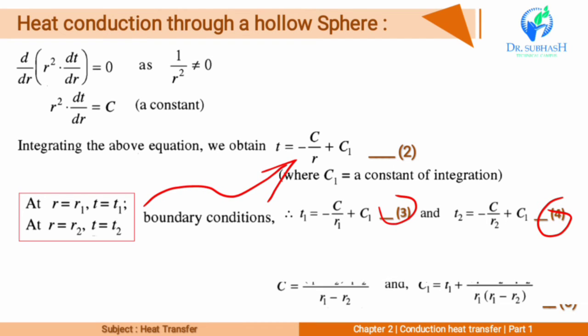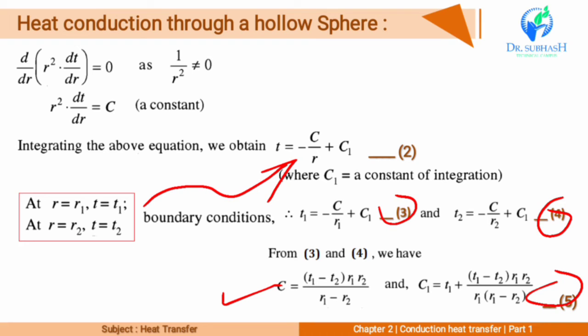Now solve equation number 3 and 4. We get the value of C, and that is equal to (T1 minus T2) into R1 into R2 divided by R1 minus R2, and C1 is equal to T1 plus (T1 minus T2) into R2 divided by R1 into (R1 minus R2), say equation number 5.